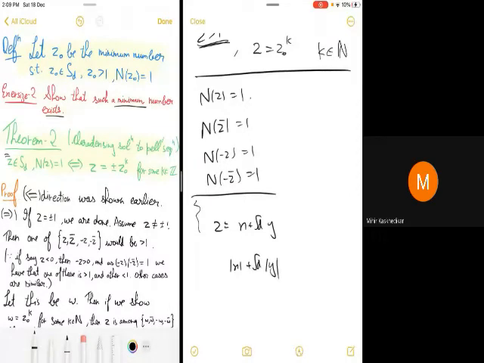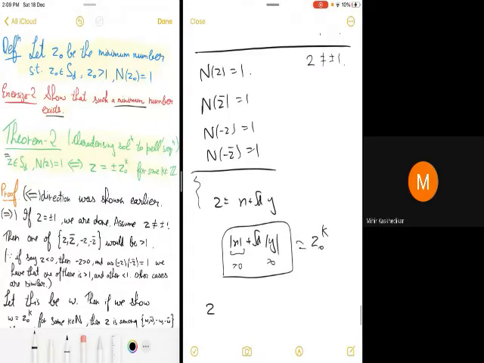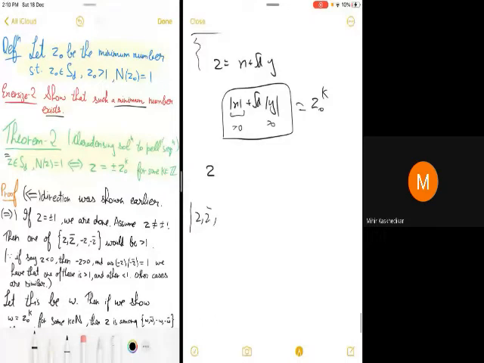And if z is not equal to plus or minus 1, then these both are positive, and hence this is of the form z naught power k for naturals. If one of z bar, minus z bar is of this form, then do you see why z is of this form, k in integers?